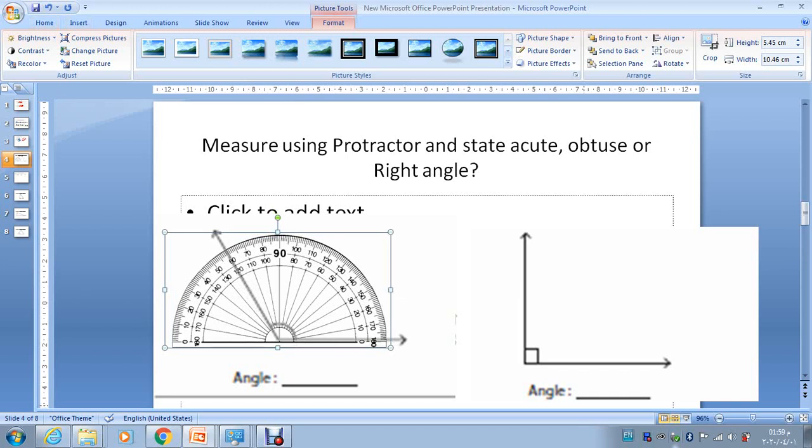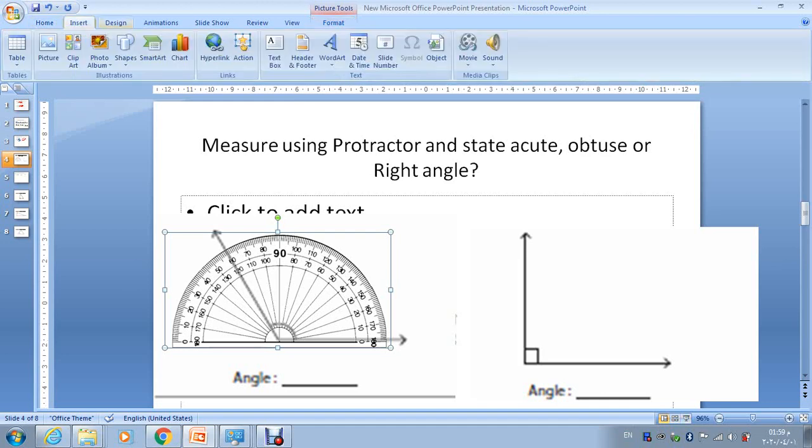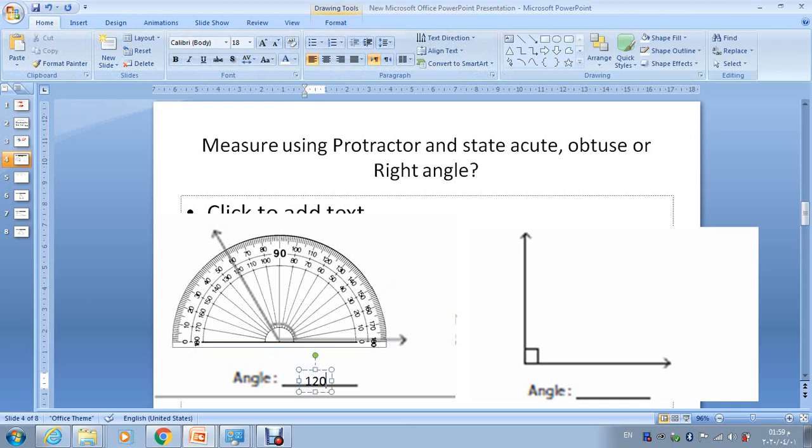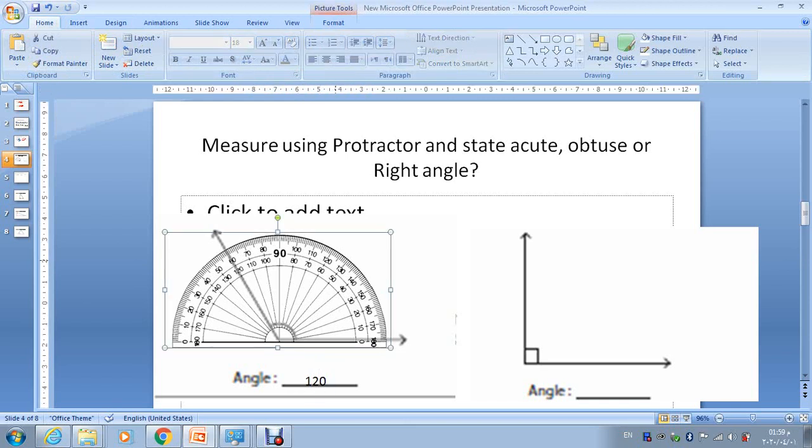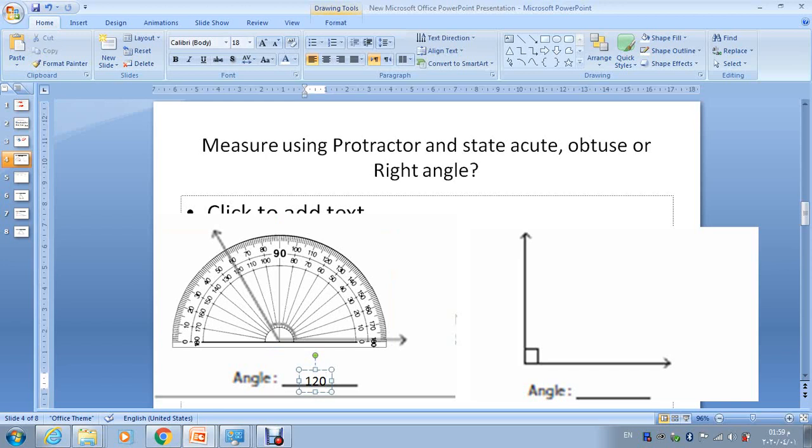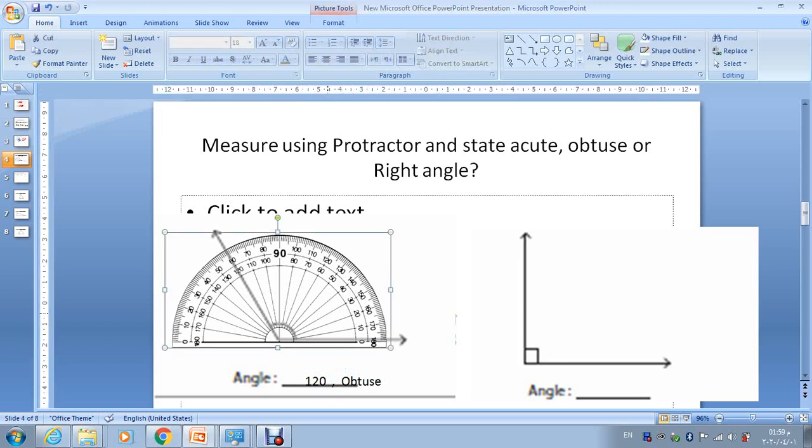So the angle is 120, which is an obtuse angle. Don't forget to state what type of angle it is.